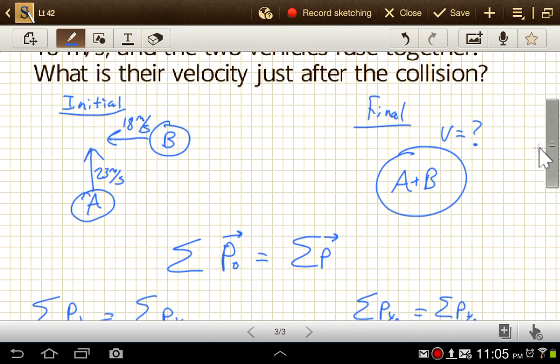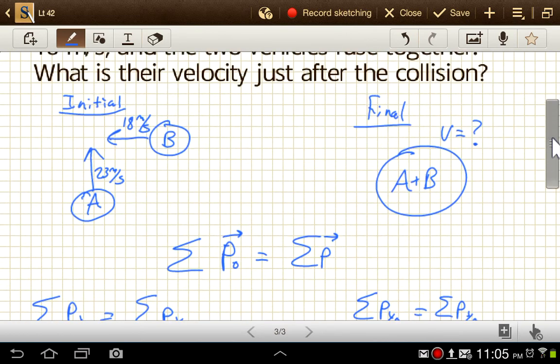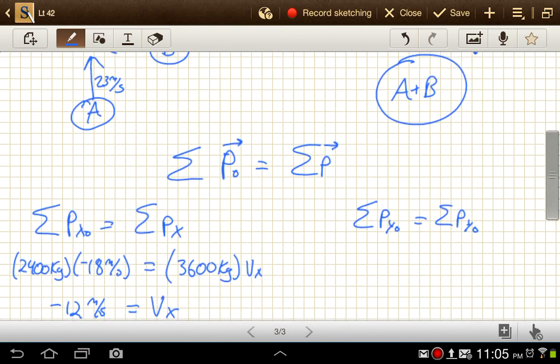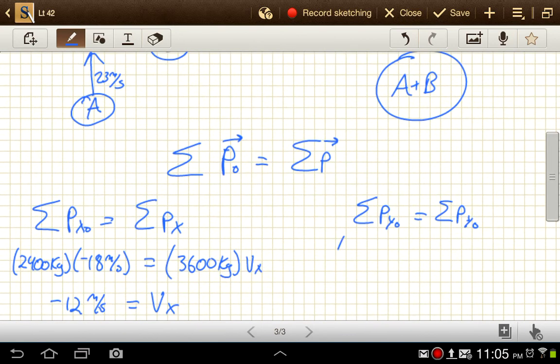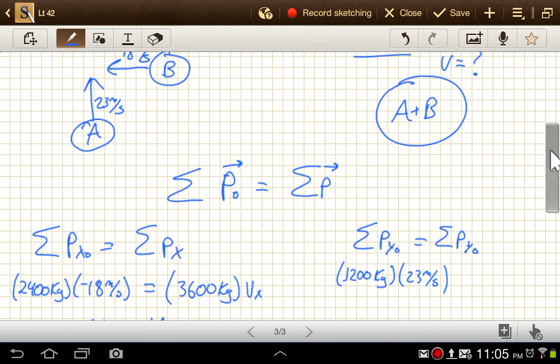And then in the y direction, we start out with car A moving upward, or moving to the north, so we'll have the mass of that car, 1,200 kilograms, times the velocity in the y direction, 23 meters per second. And then the truck, initially just moving to the west, has no contribution to the y part of momentum.